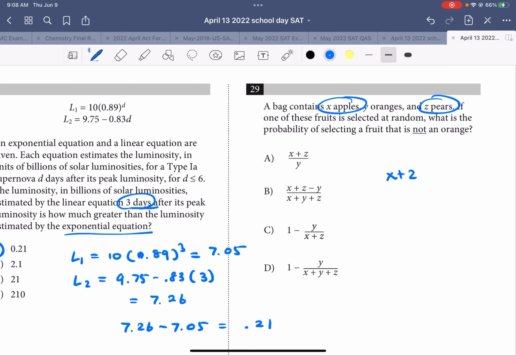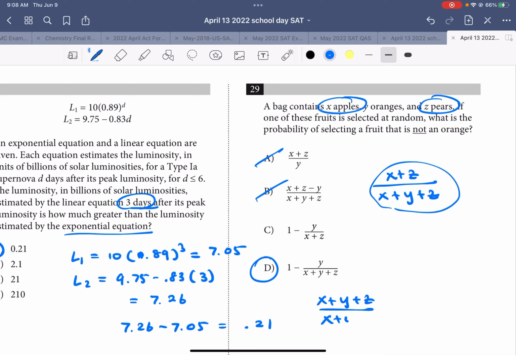So X plus Z, that's your favorable outcome, over the total outcomes, X plus Y plus Z. Okay, so if you look at the answer choices, obviously not this one, so either C or D. But this probability is the same as answer D, because one is X plus Y plus Z over X plus Y plus Z. Then when you subtract Y over X plus Y plus Z, the Y cancels out, and you end up with this, right? So basically D.